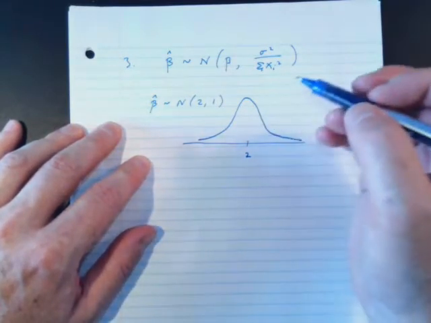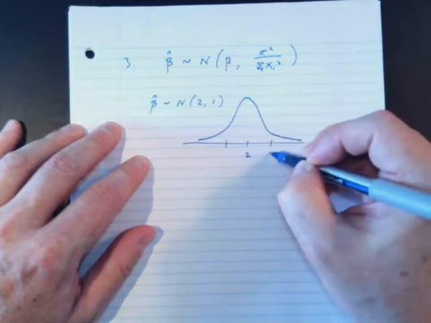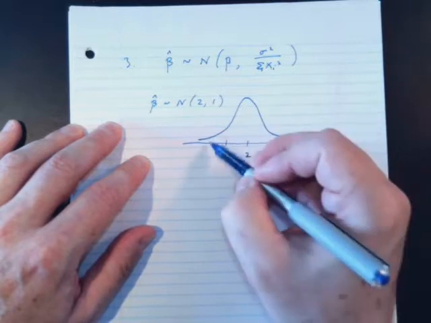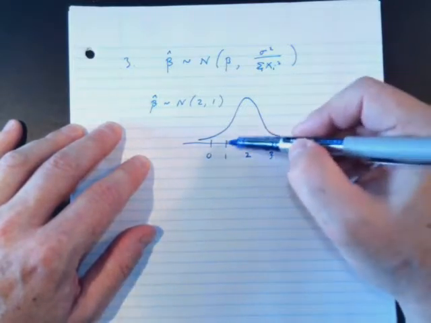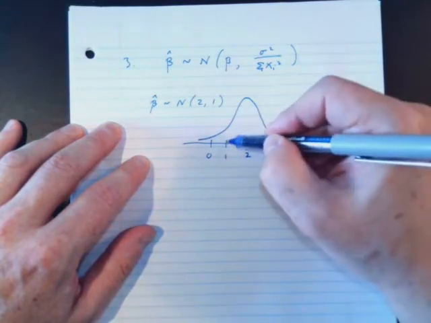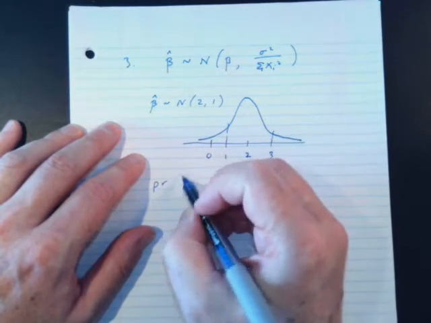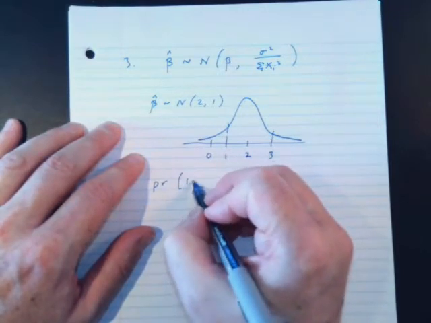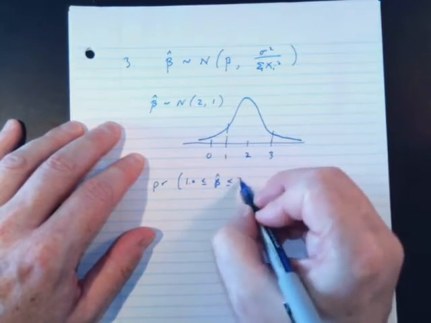So then we can ask, all right, what is the probability that beta hat is inside this region? So the probability that 1 is less than or equal to beta hat, which is less than or equal to 3.